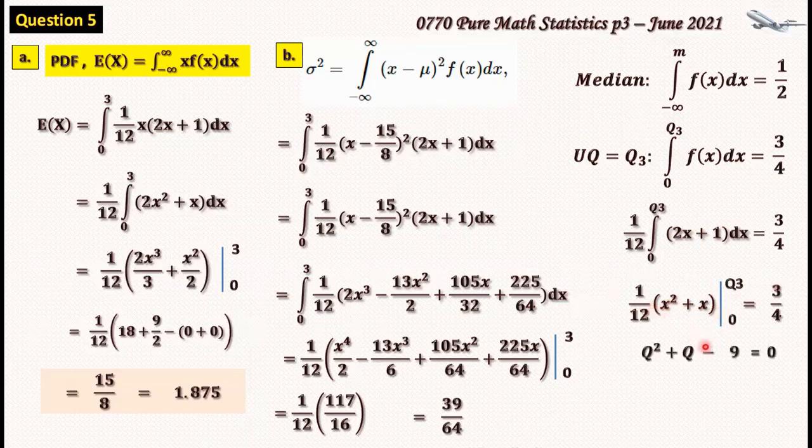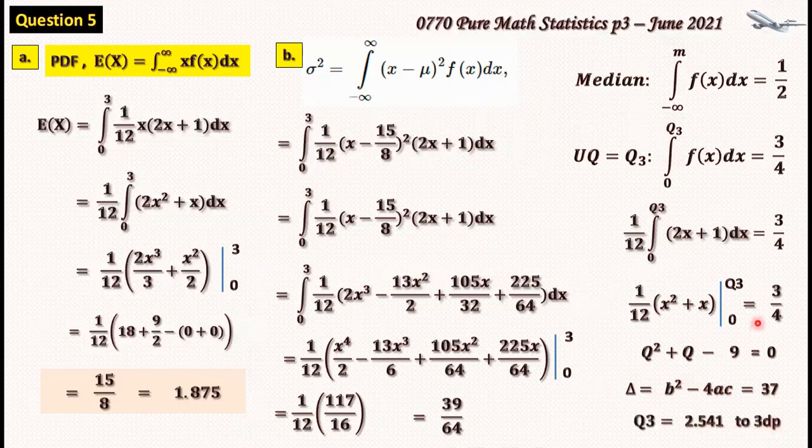When we open this out and simplify, we will have Q3 squared plus Q3 minus 9 equals 0. This is a quadratic, so the discriminant is b squared minus 4ac, which is 37. And from here, our Q3 will be equal to 2.541 to 3 decimal places. So this is the upper quartile.